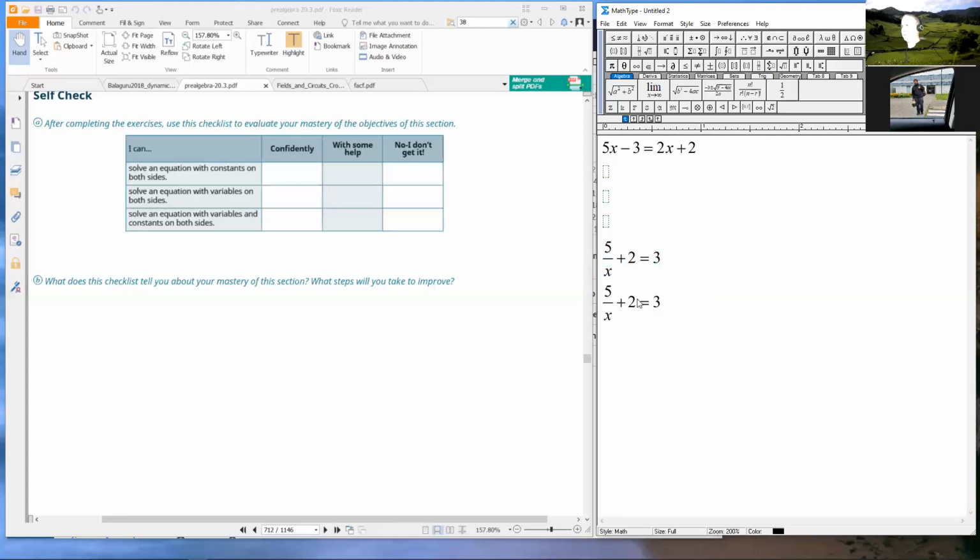So I could multiply this by x, this by x, and this by x, right? And now the x goes away. And since I multiplied both sides of this equation by the same number, I'm left with 5 plus 2x is equal to 3x, right? And this I can solve the same way I did before by moving things around, right?